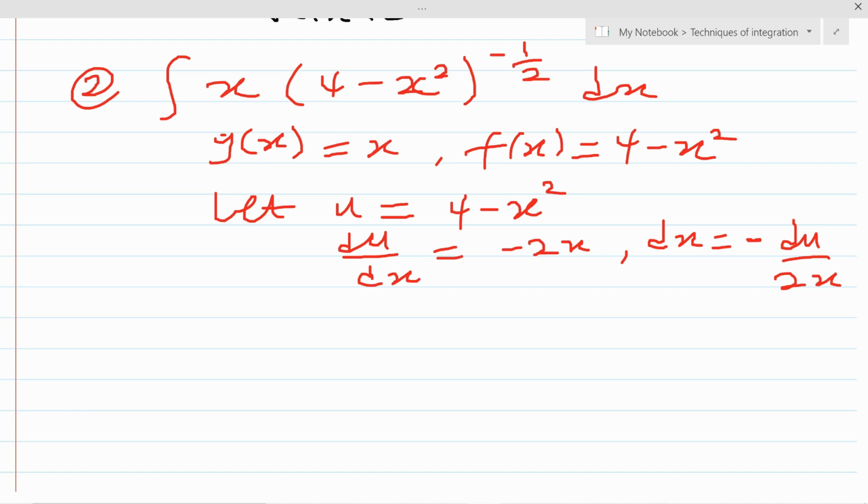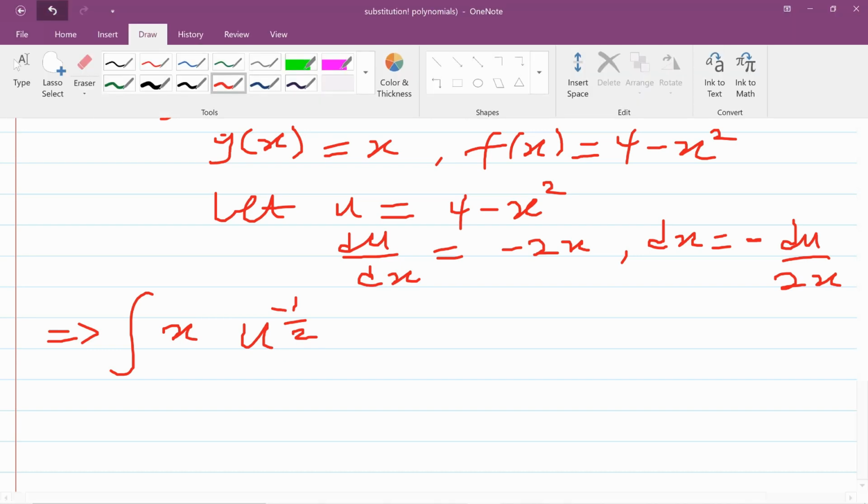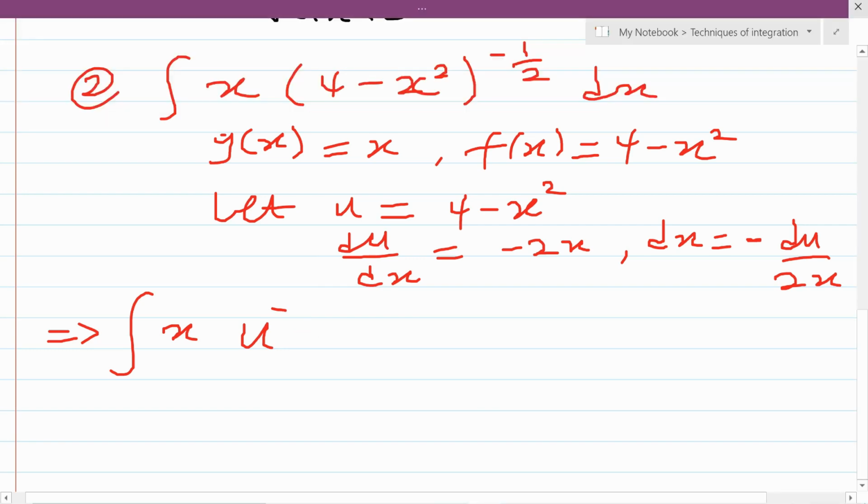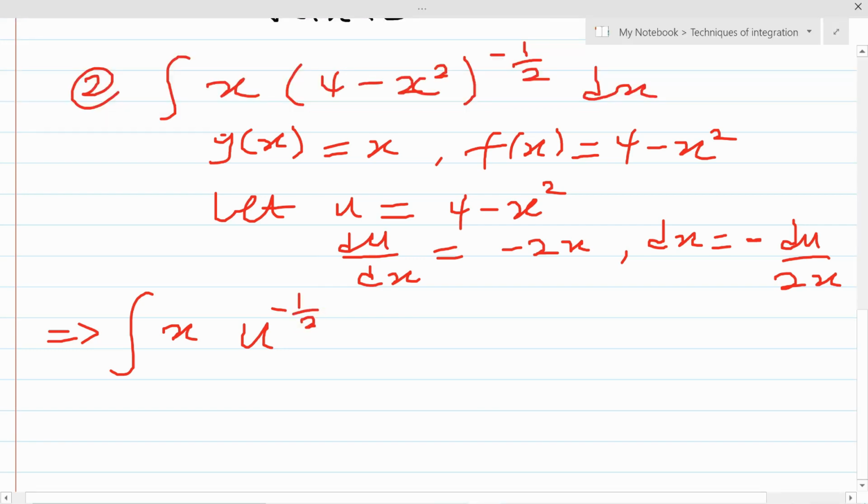So with this, we come back and put the whole of our substitution in the integral. So this is u to the power negative half. Alright, let me write the power well. Negative 1 over 2, then times dx, which is now negative du over 2x.